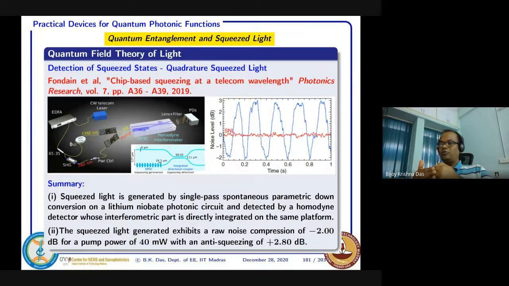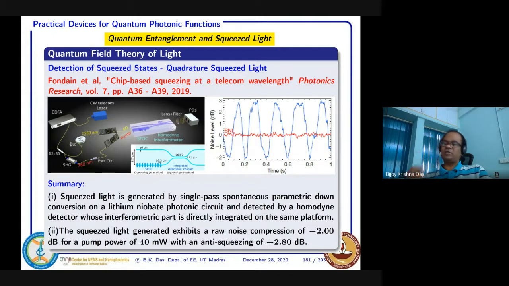So whenever the two daughter photons are non-degenerate, then it is called two-mode squeezing. And when they are degenerate, then it is called single mode squeezing. That means you are getting the same frequency. I will discuss single mode squeezing and two mode squeezing.